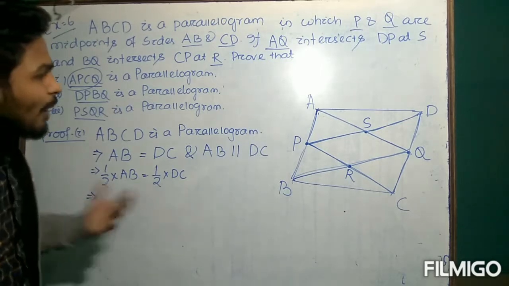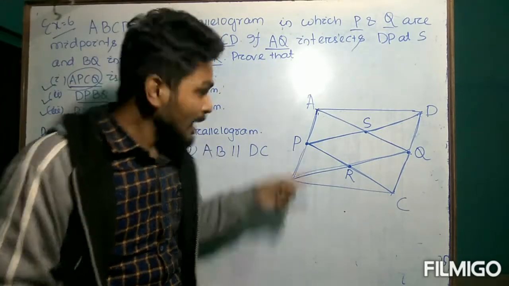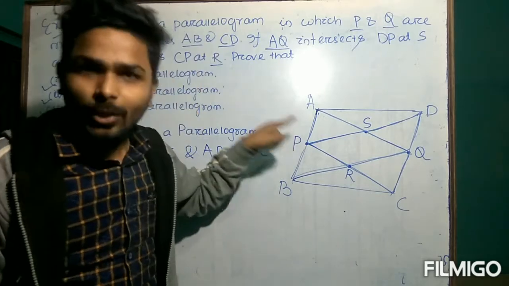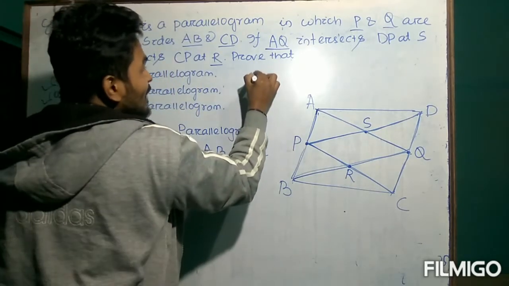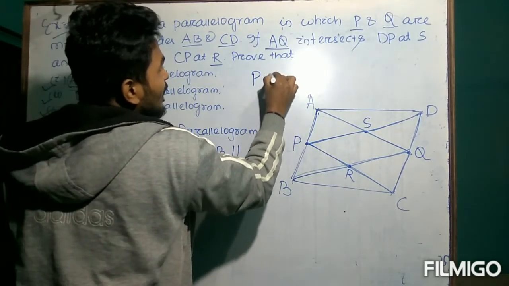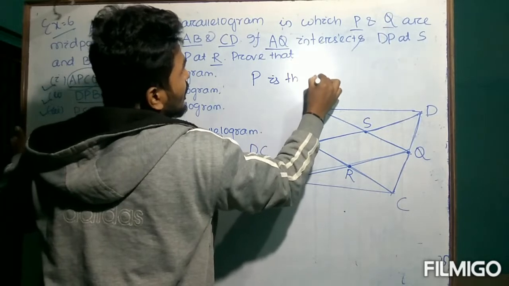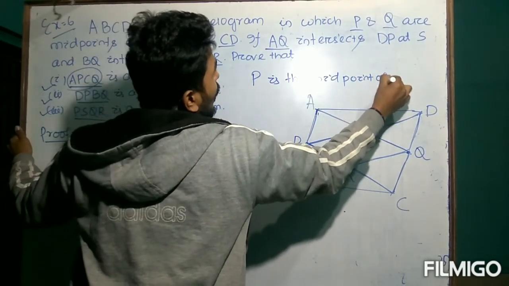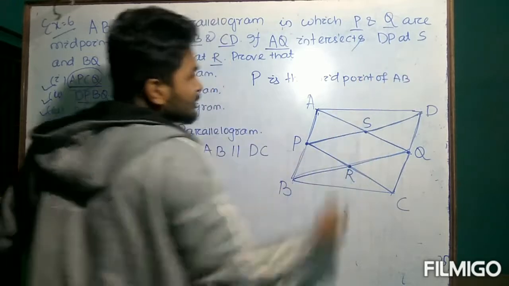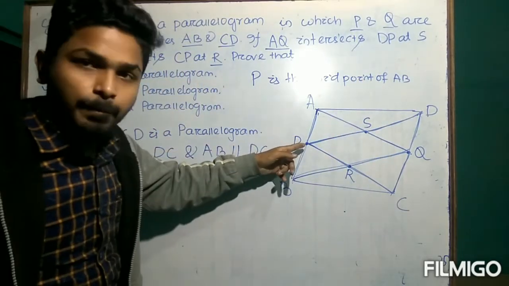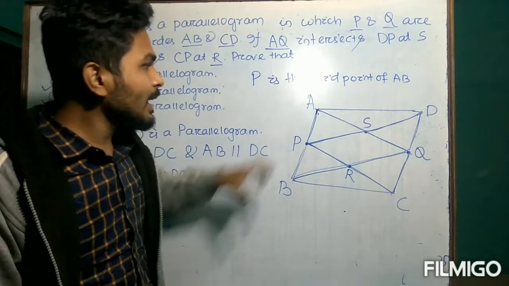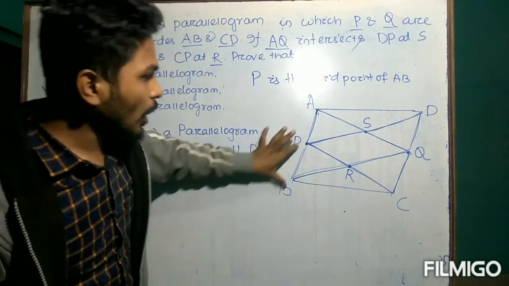Now, half of AB means what? This is AB. Half of AB means this point P, because it is already given that P is the midpoint of AB. It means if we take half of the total length AB, then we will get either AP or PB.